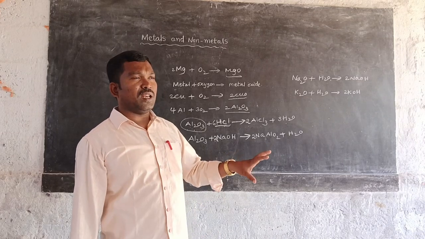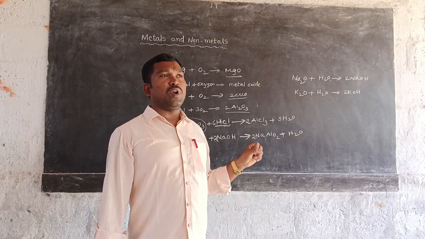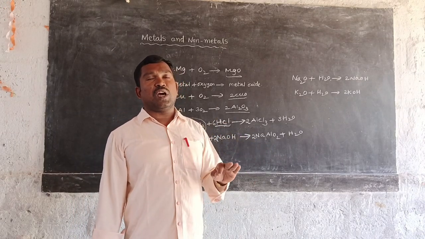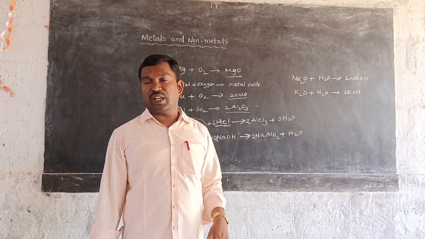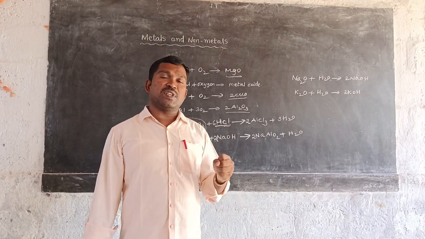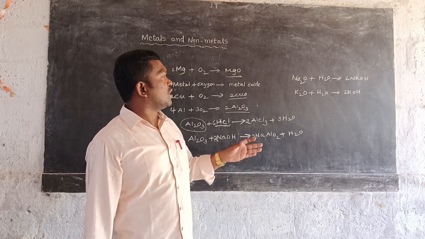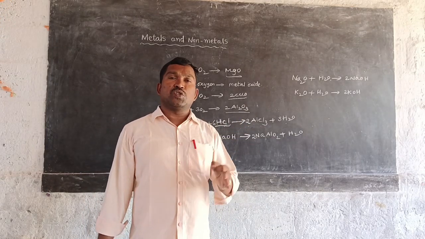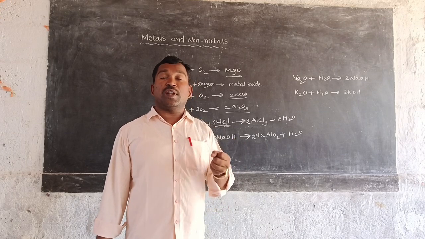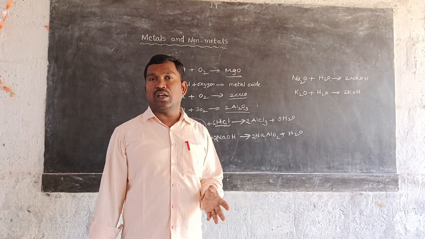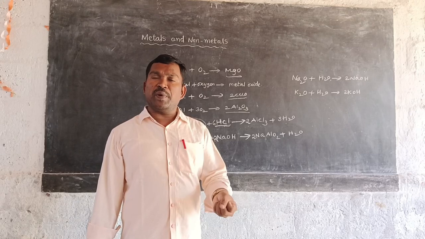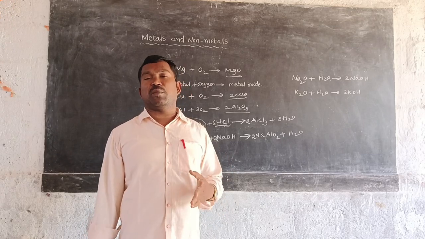So in all these reactions, we take a number of metals and react them in the presence of oxygen. We observe that sodium and potassium react vigorously with oxygen in the open and easily catch fire.